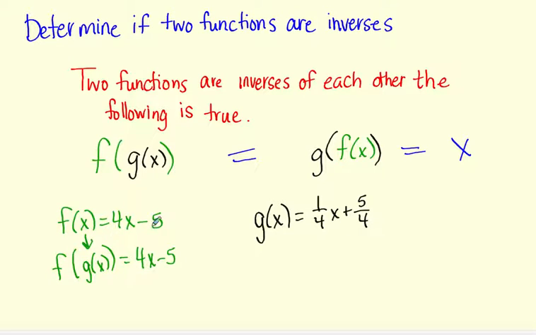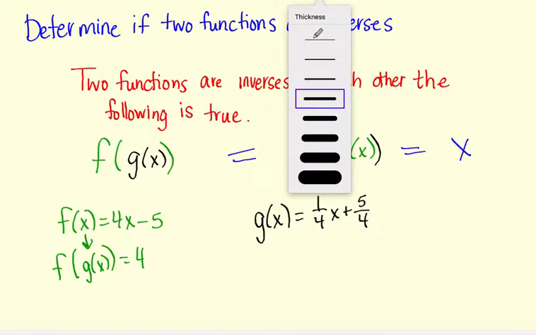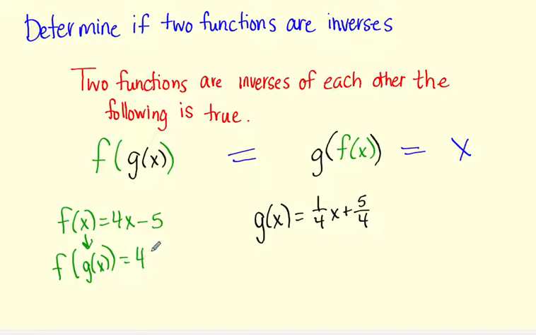So if it replaces this x, it will replace this x. Once you plug something in, it takes the place of every single x. So now it's just a substitution problem.